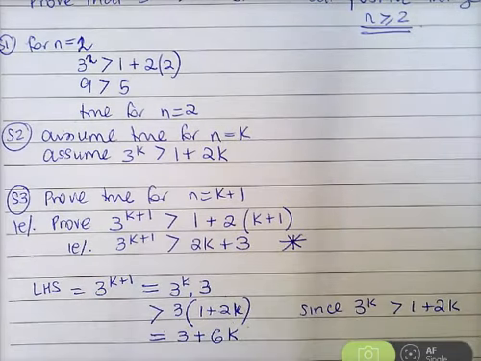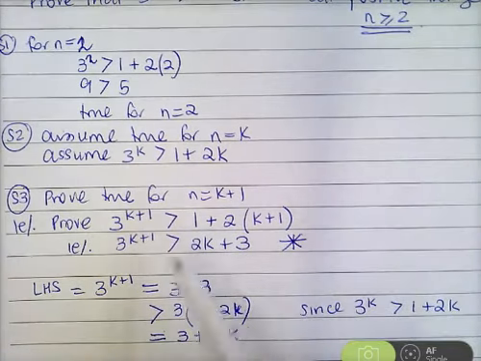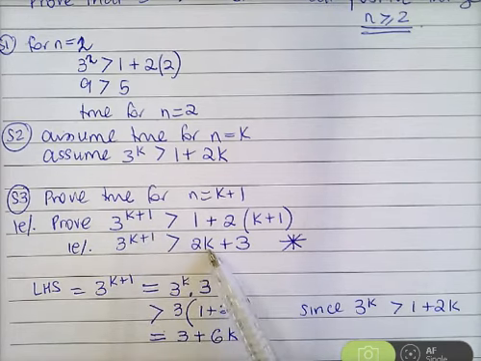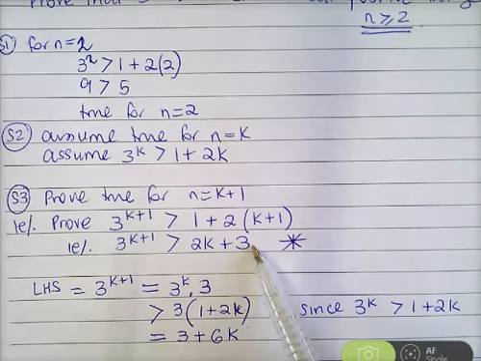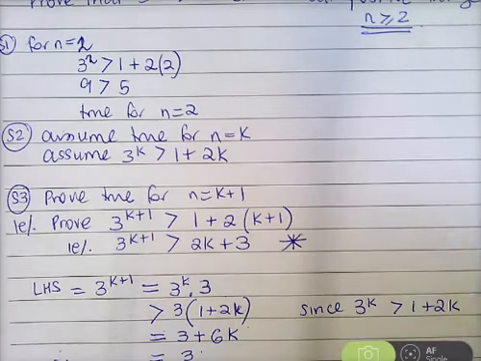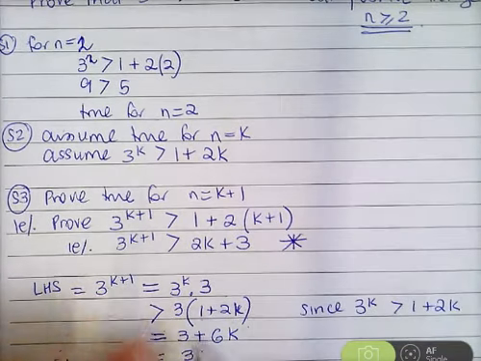Now, I'm trying to show that 3 to the k plus 1 is greater than 2k plus 3. So, therefore, isn't that actually equal to 3? No. That row equals this row.